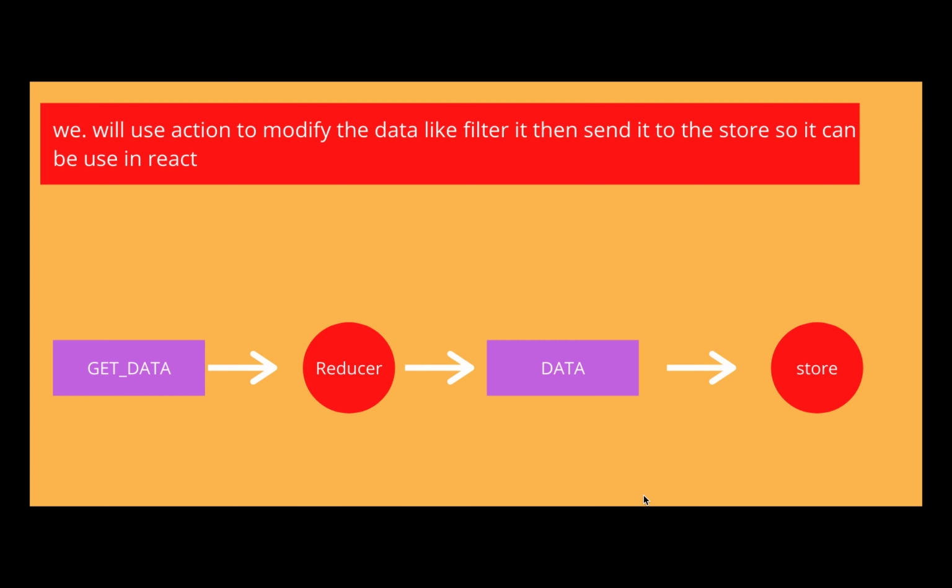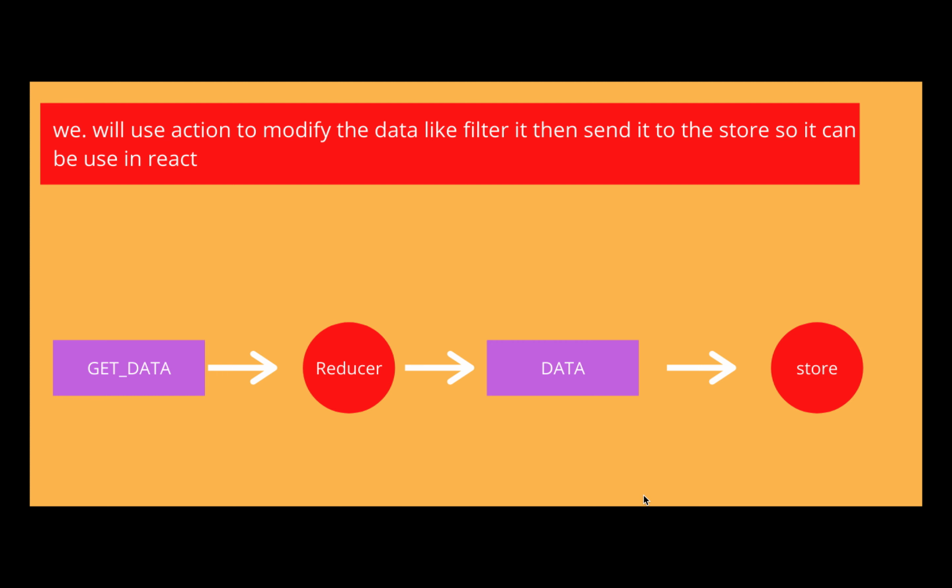A reducer will process that action. It's going to make all the necessary changes. For example, if the action was getting data from a server, the reducer will go get the data from the API and process it.